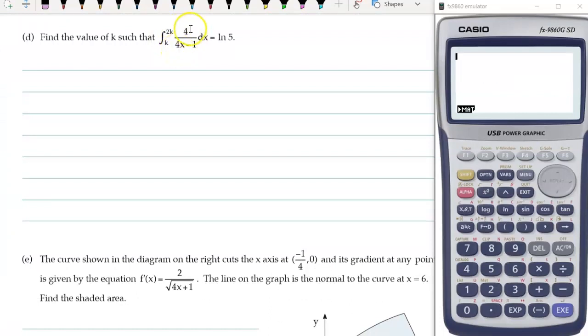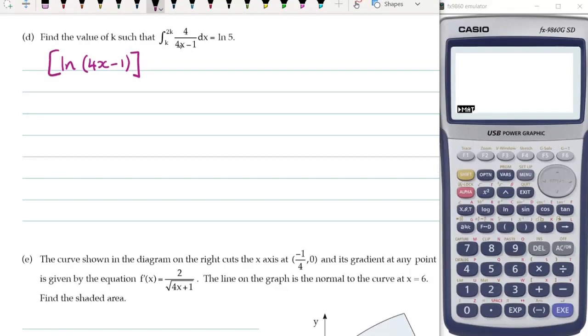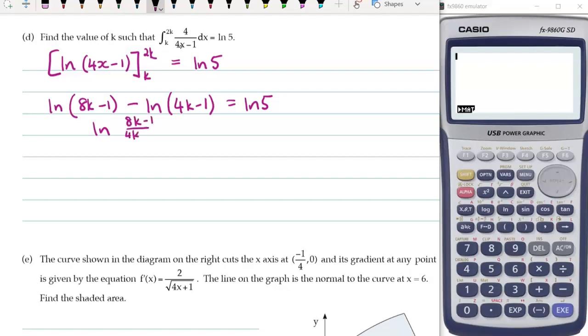For part D, the top is exactly the derivative of the bottom, so integrating that gives us log of the bottom. And we're going to do that between k and 2k and set it equal to natural log of 5. So we have natural log of 8k minus 1 minus natural log of 4k minus 1 equals log 5. Now using our log laws, this is the same as 8k minus 1 over 4k minus 1.